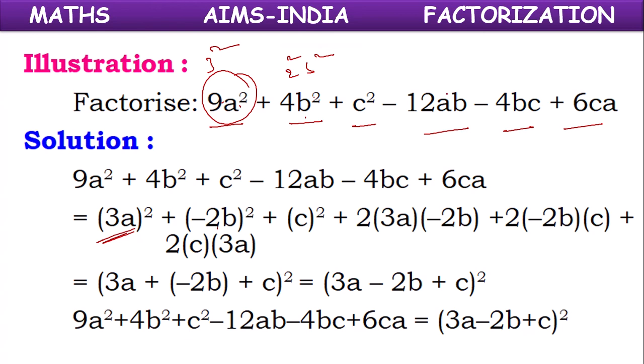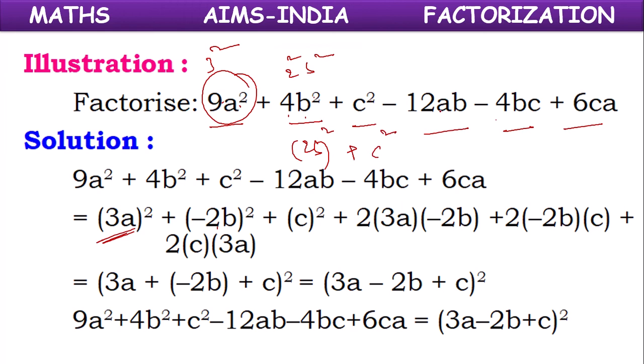But as we have minuses here, sometimes minus also we have to consider. First, let's write it as 2b whole square plus c square.